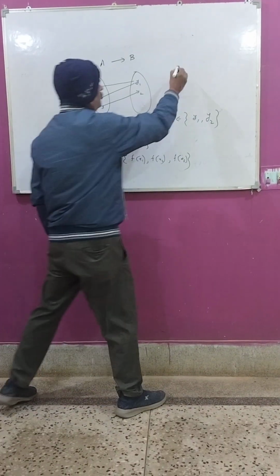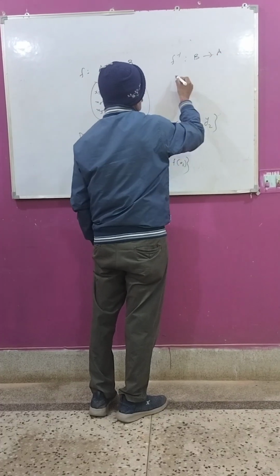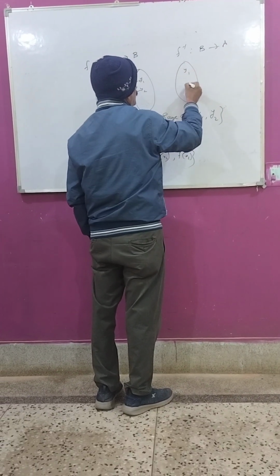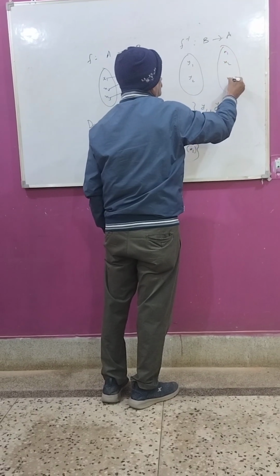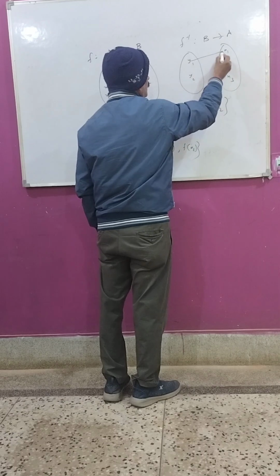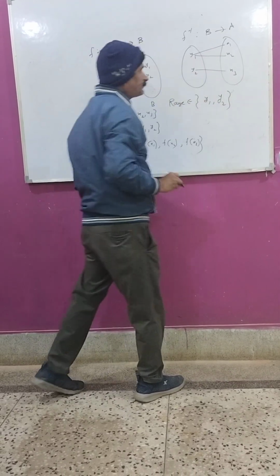Now when you map its inverse, that is from B to A, we have y1, y2 and x1, x2, x3. Now y1 is assigned to x1 and x2, and y2 is assigned to x3.